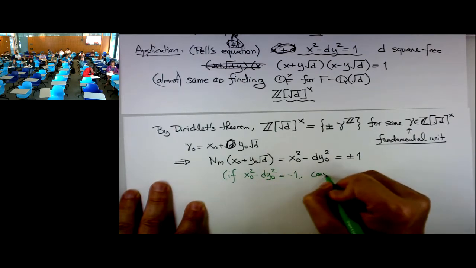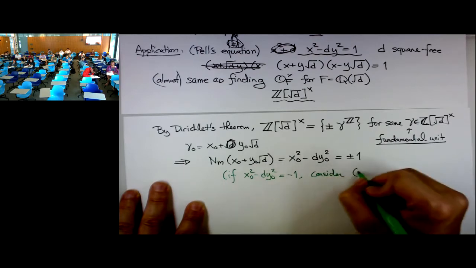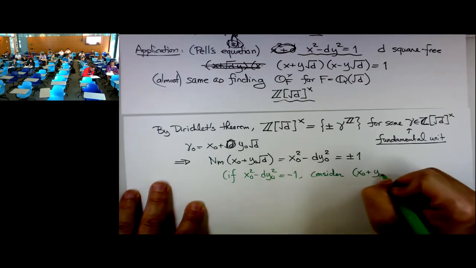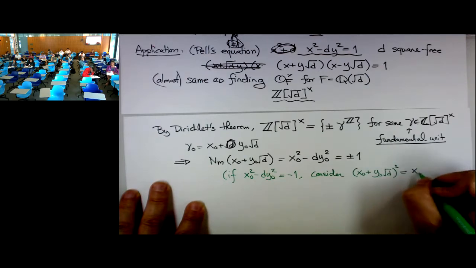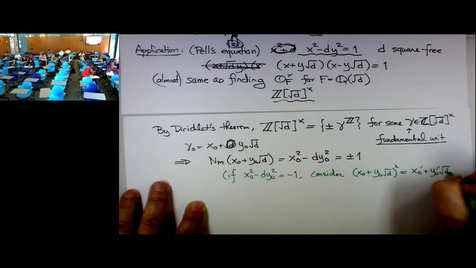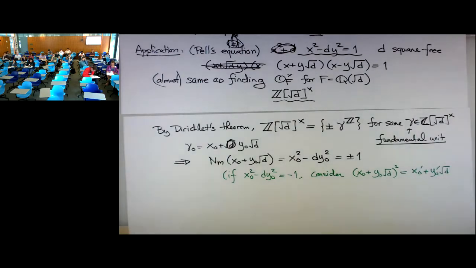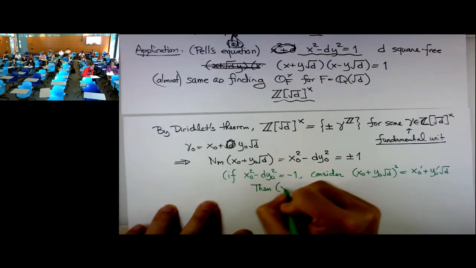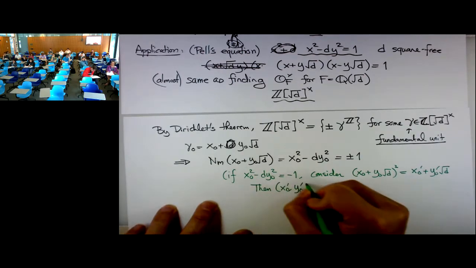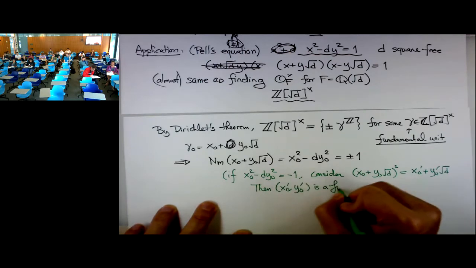I can consider the square of the fundamental unit. You just write it there. I mean, you take the square and you combine the terms, and then the square is a fundamental solution.